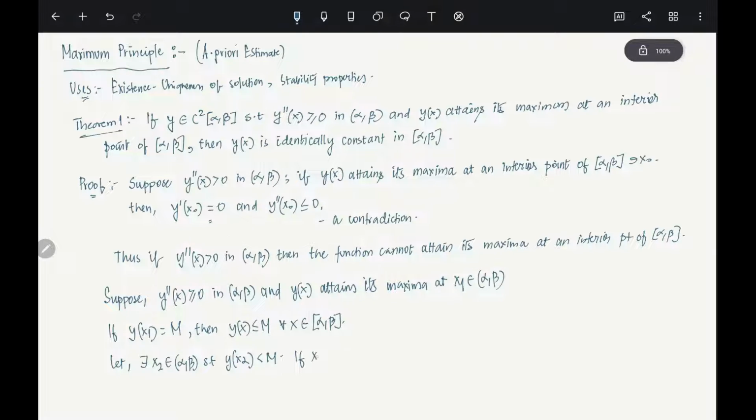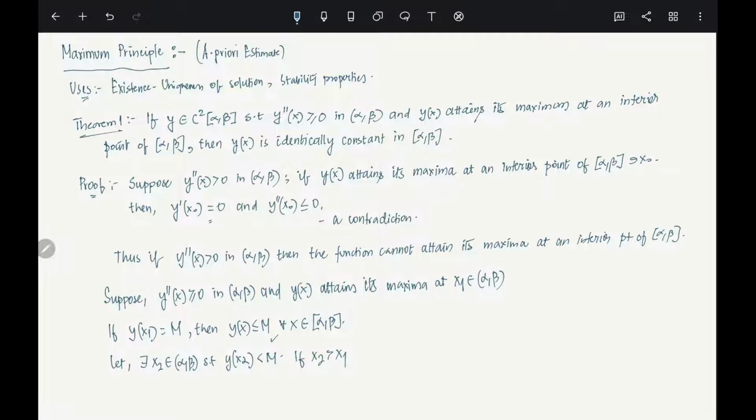If y(x1) equals M, it means the maxima is attained at the point x1, so for any point x in (alpha, beta), y of x is bounded by M. Let's assume there is a point where y(x2) is less than M. Of course there has to be such a point; if there is none, then y is identically equal to M, a constant, which we have already handled. So we assume y of x2 is less than M.